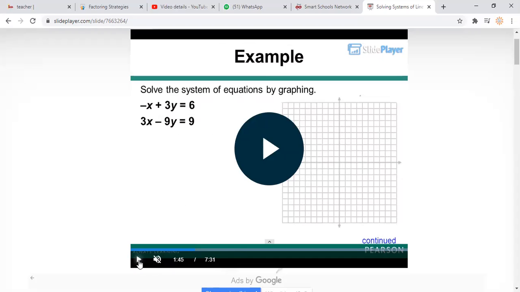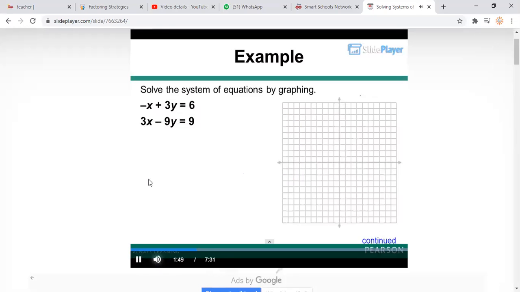So what is slope-intercept form? y equals mx plus b, or c, whatever. So slope-intercept form is y equals mx plus c. We will watch together, and then I'll come back to ask my dear students.